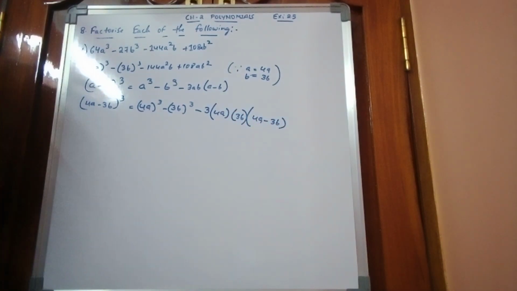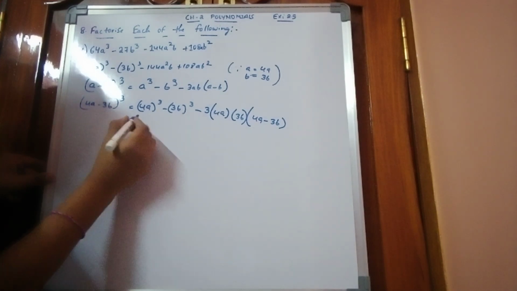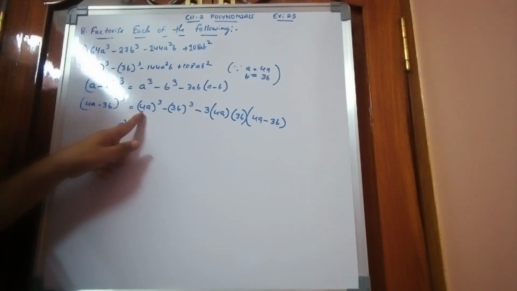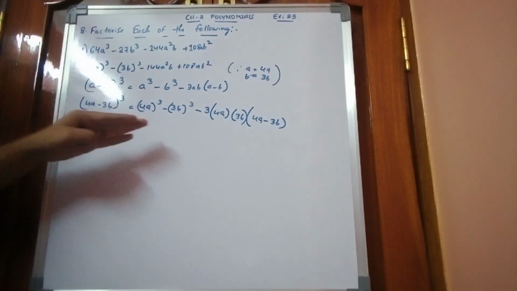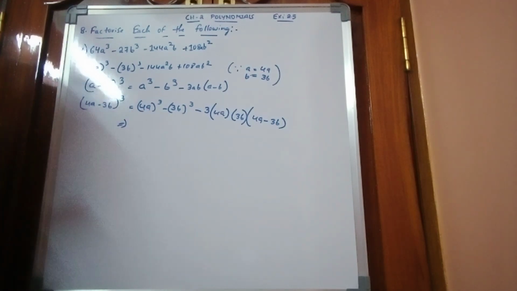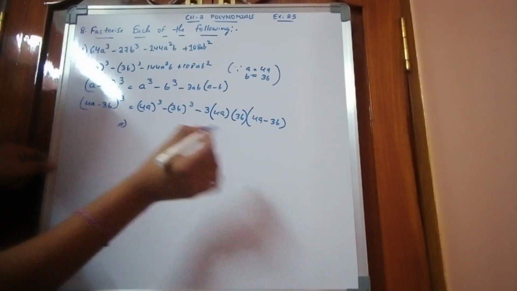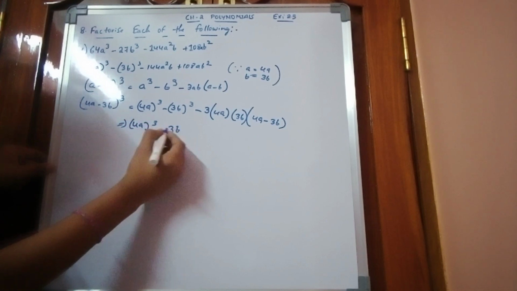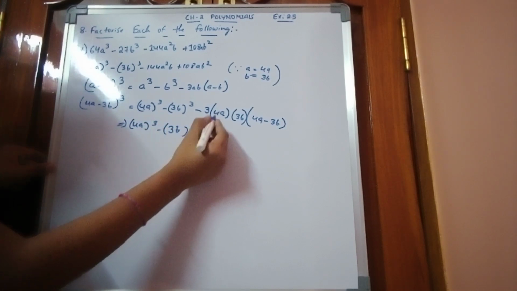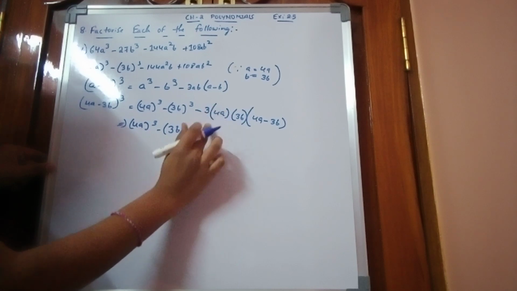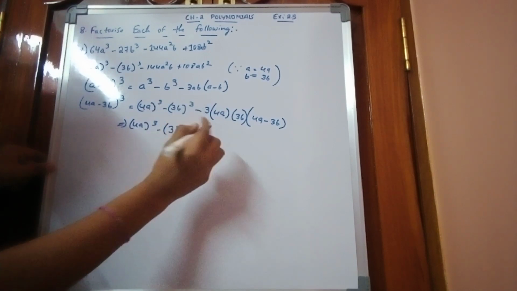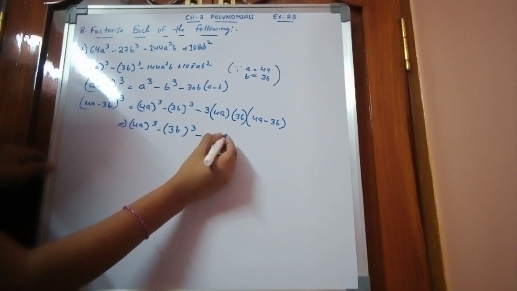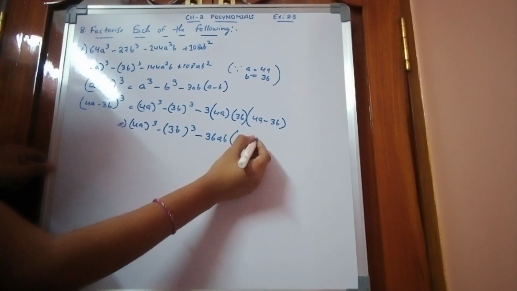So now simplifying, here we are proving, no need to write 64. You are directly proving that (4a) whole cube minus (3b) whole cube minus, 4 3s are 12, 12a, 12 3s are 36, so keep here as 36ab of (4a minus 3b).